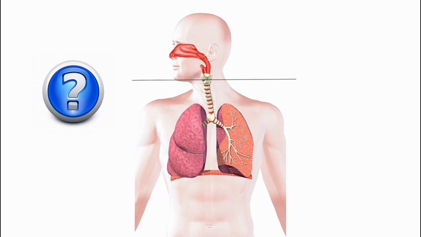The dividing line is the true vocal cords, and we have seen details of these structures of the larynx and particularly the vocal cord. At the moment we will discuss the lower respiratory tract parts.